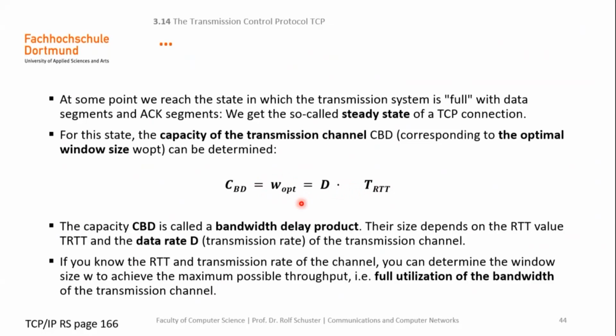The optimal window size then is the window that we need to use in order to completely fill the channel and communicate at that rate the communication between the processes, the inter-process communication.